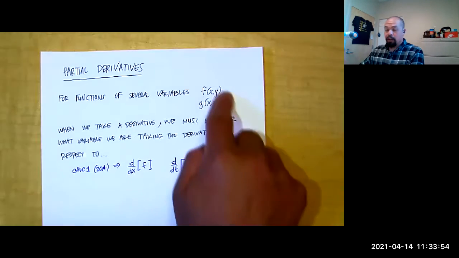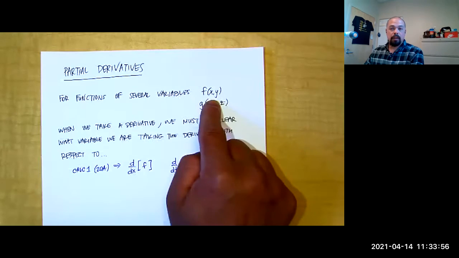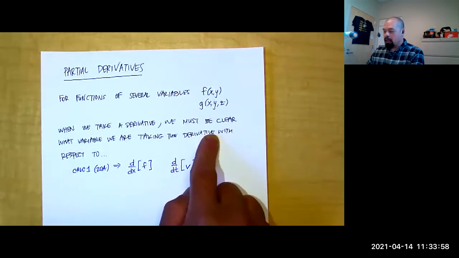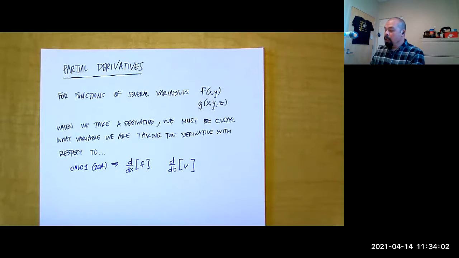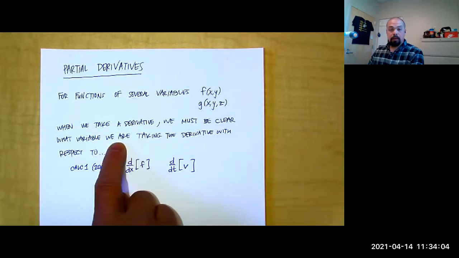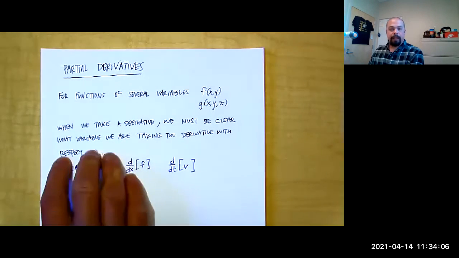But now, when we have functions of multiple variables, we have to be a little more clear, and our notation is going to change slightly so that we can be clear on what variable we're taking the derivative with respect to.